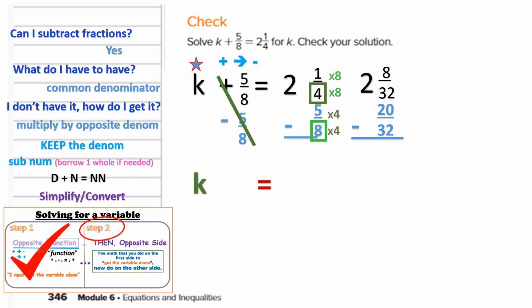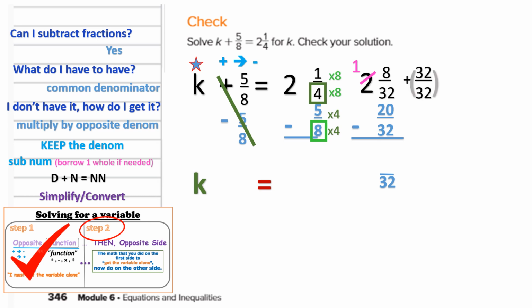Can I subtract now? Do I have the same denominator? Yes. So what do I do with it? I'm going to keep it. But if I can't subtract 20 from 8, then I have to borrow. And when I borrow from the 2, it becomes a 1. And what am I carrying over? I'm carrying over 1 whole, and that 1 whole has to have the same denominator that we have up there.